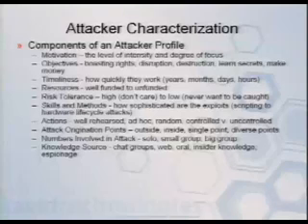Components of an attacker profile that you can start building, and we actually have some broken out forms that we use. So when we have first hour information, we try to fill all this stuff out. You have motivation, objectives, timelines, resources, risk tolerance, skills and methods, actions, attack organization points, numbers involved in the attack.